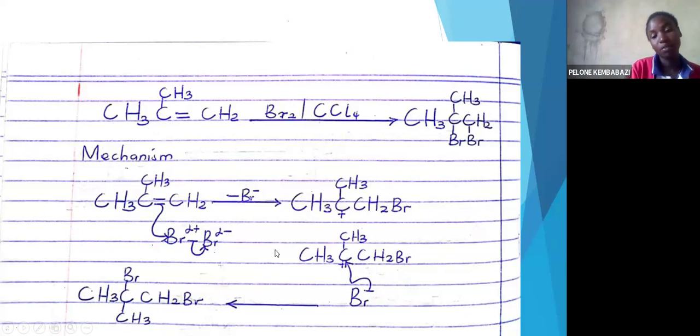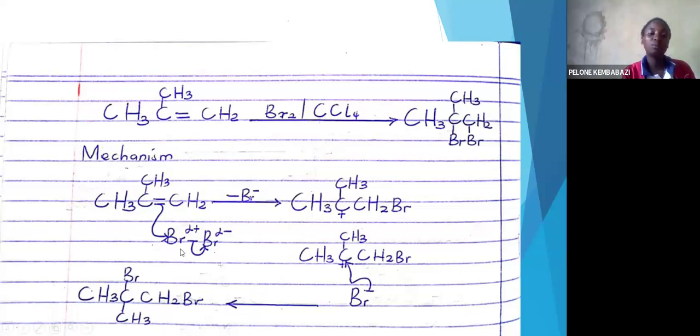Then another thing before I leave this slide, what you have to remember about alkenes, I know you covered this, is Markovnikov's rule and anti-Markovnikov's rule, whereby Markovnikov's rule says that the carbon atom near the double bond, the one with more hydrogen atoms, is the one which will first receive.